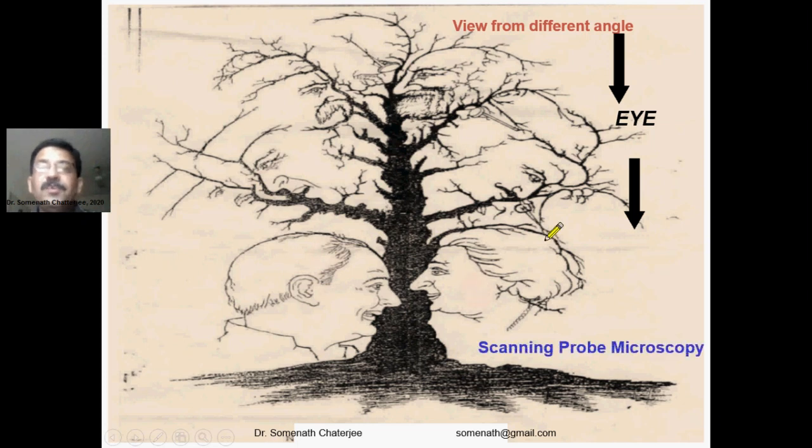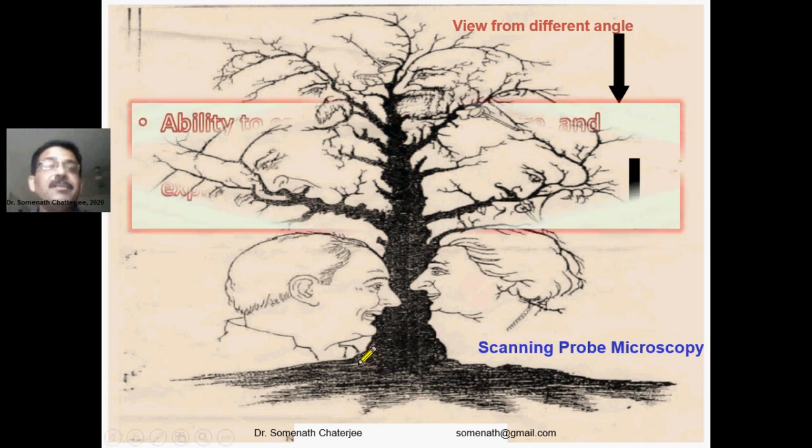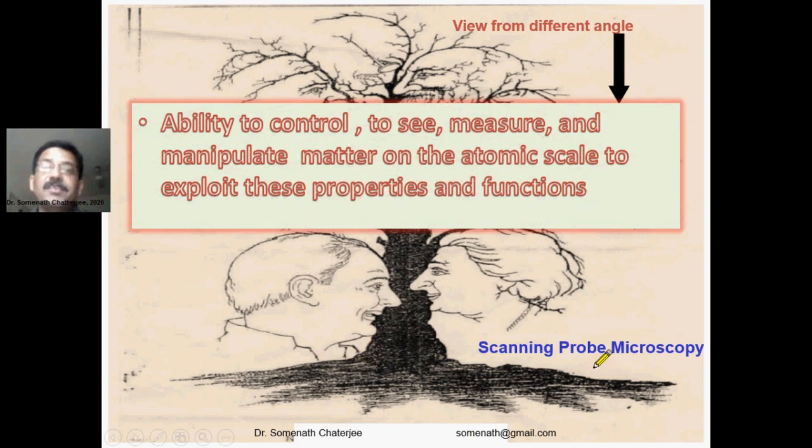So if I see from different angle views, then we can get different information. So that is the scanning probe microscopy's ability to control, to see, measure and manipulate matter on the atomic scale, those are basically its properties and functions.